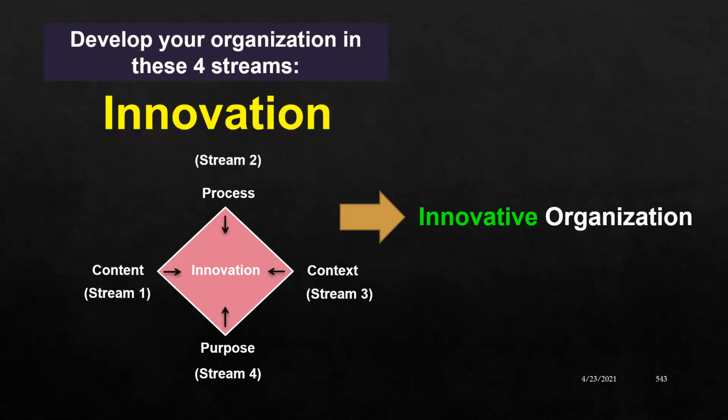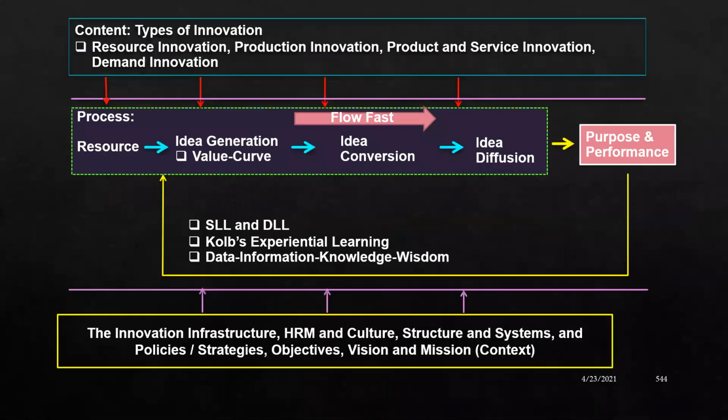So if we can develop all these 4 streams, the typological issue, the process issue, the determinants, the antecedents, the factors that drive innovation, plus the utility, the outcome perspective, then we can create an innovative organization.